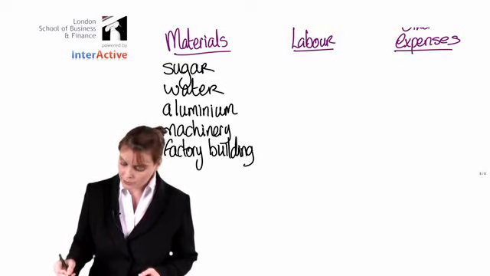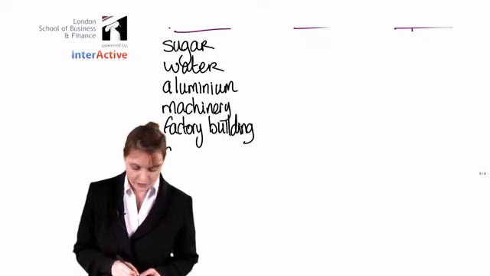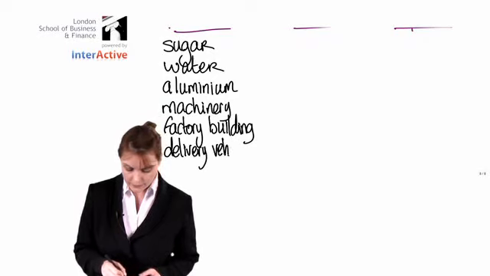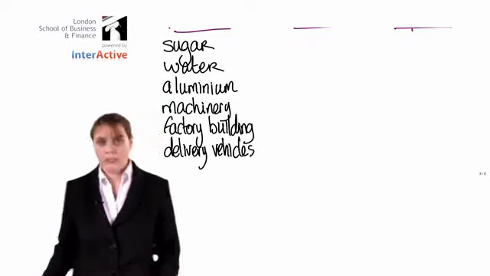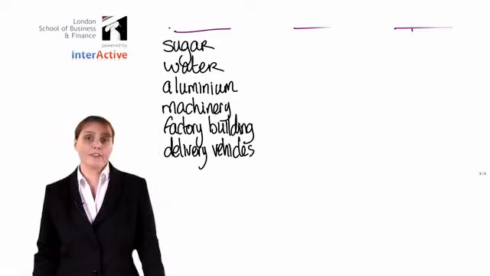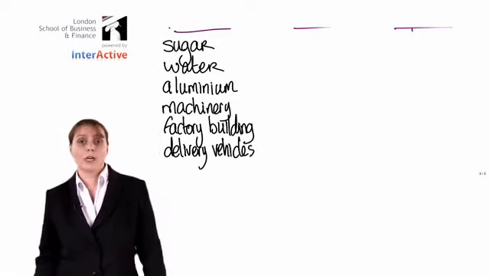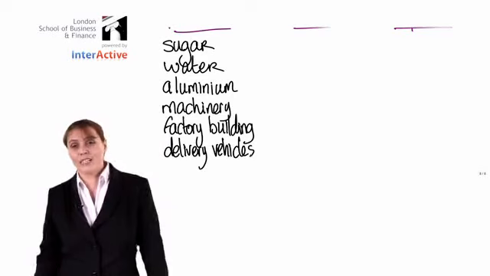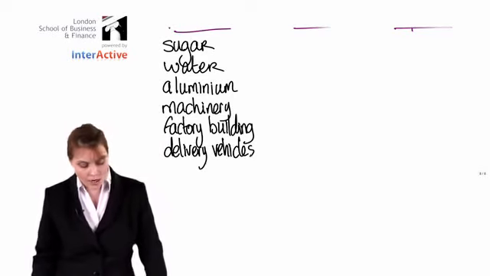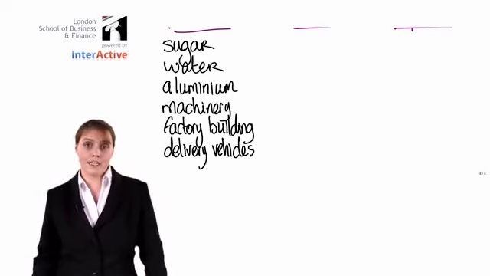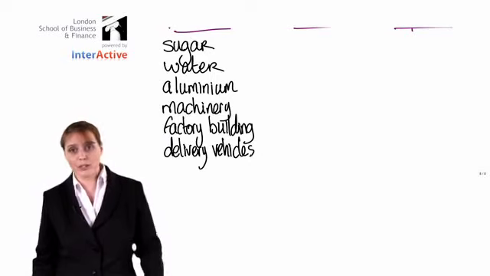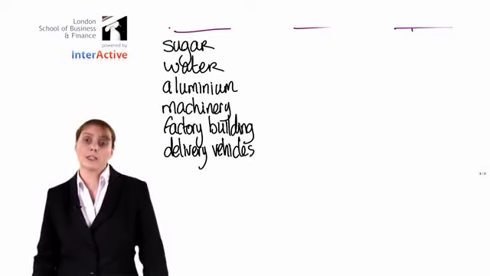And we will probably also have some delivery vehicles in order to distribute all of these cans of cola to our customers. So that's plenty in our materials cost column. You get the idea. Anything that's tangible that we can physically touch is a material cost.